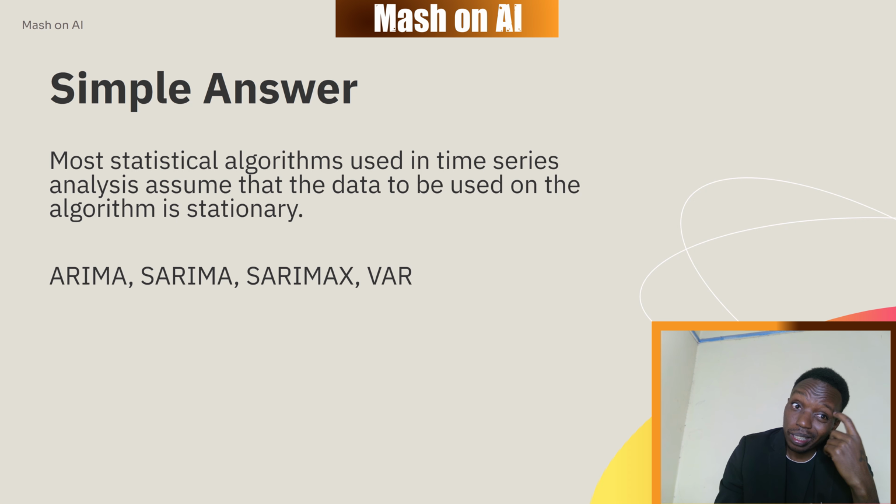However, in this series, we will explore some methods such as using neural networks to predict data that don't require stationarity. But the models that we will first learn, which are ARIMA, SARIMA, SARIMAX, and VAR, all assume stationarity.